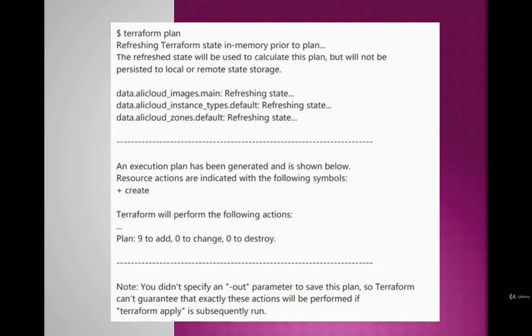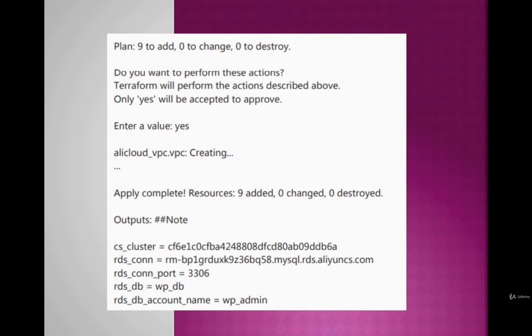After confirming the resources are created or updated as expected, run the Terraform apply command to start the execution of the Terraform module. An execution plan has been generated as shown below.